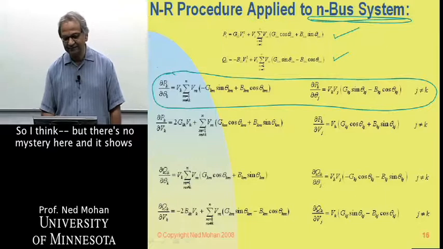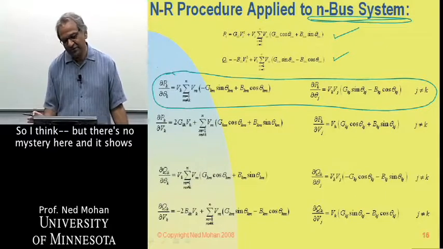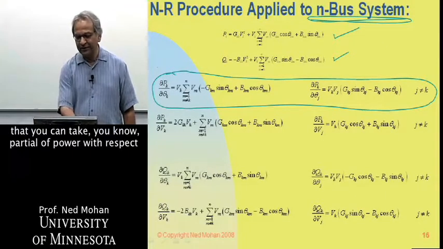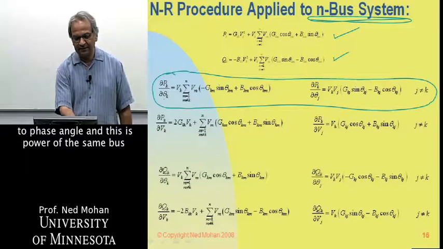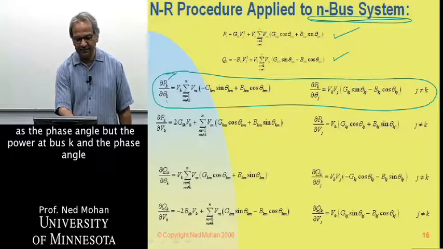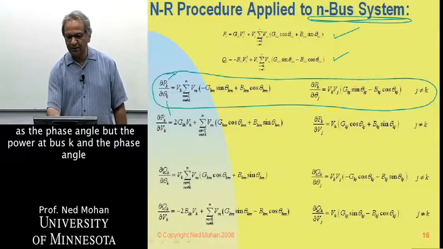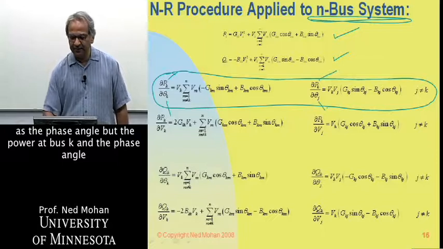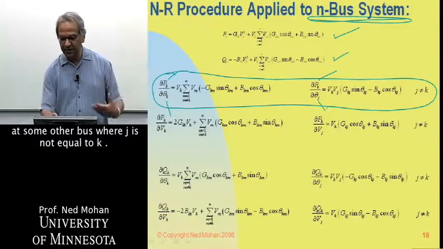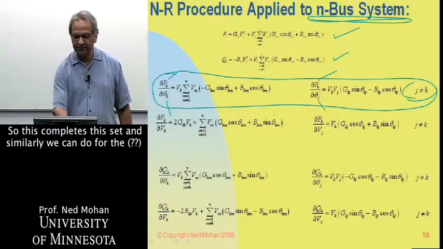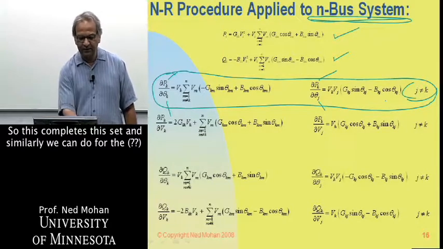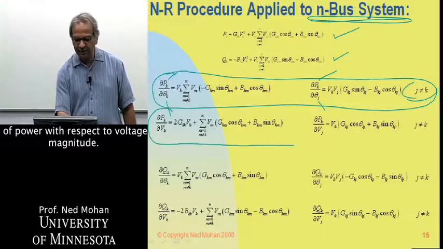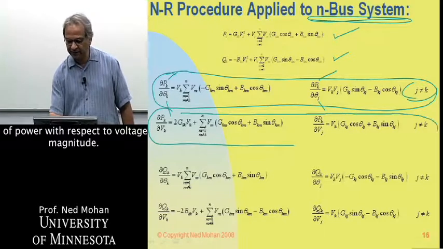But there's no mystery here, and it shows that you can take partial of power with respect to phase angle, and this is power at the same bus as the phase angle, whereas the power at bus K or the phase angle at some other bus where J is not equal to K. So this completes this set, and similarly we can do for differential of power with respect to voltage magnitude.